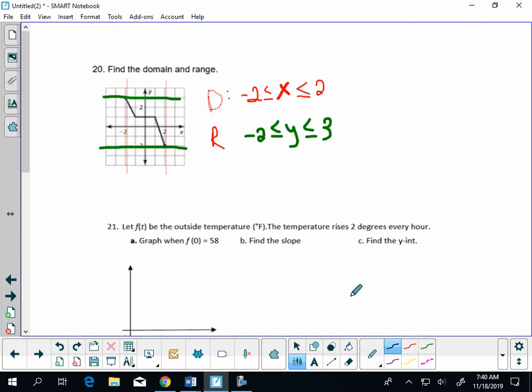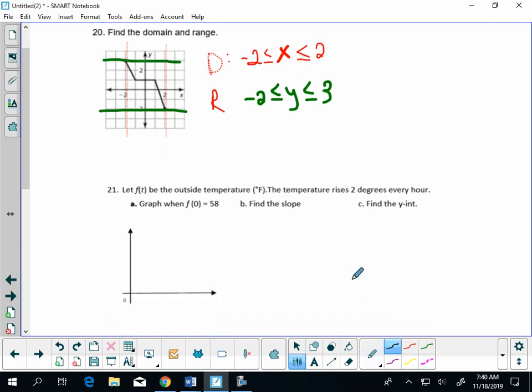All right, number 21. Let F of T be the outside temperature in degrees Fahrenheit. The temperature rises 2 degrees every hour. Well, that's like my slope. Graph F of 0 equals 58. That means when my input is 0, my output is 58.